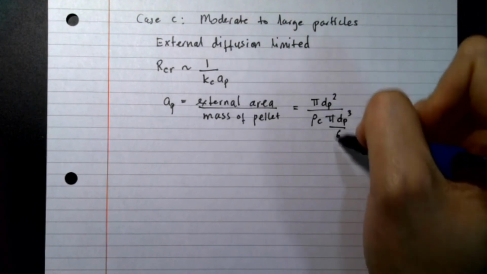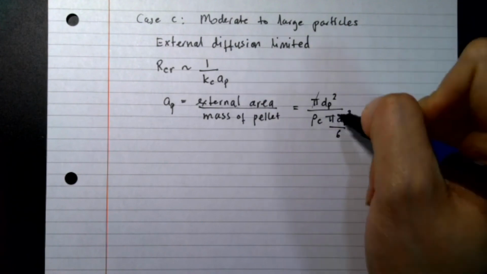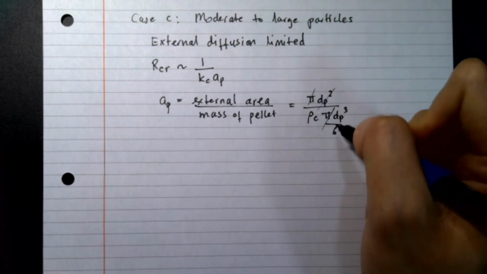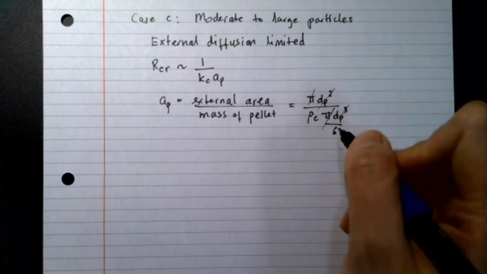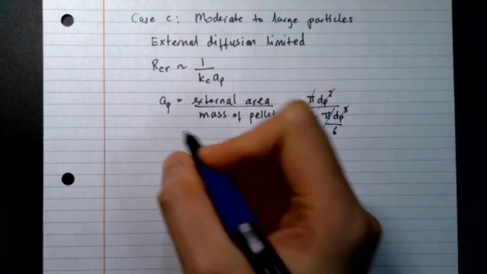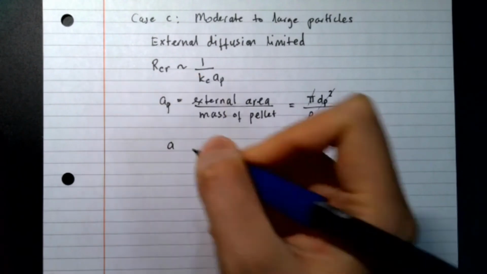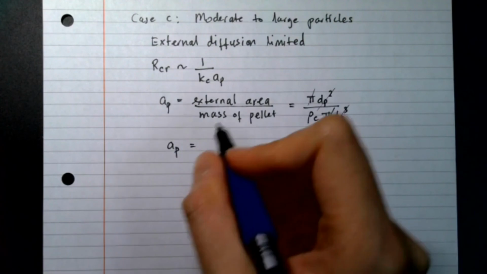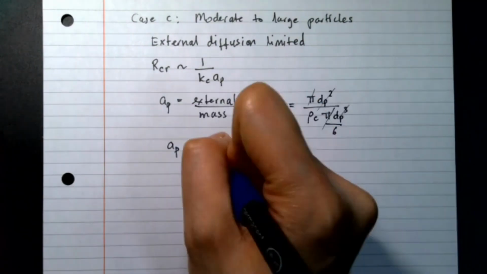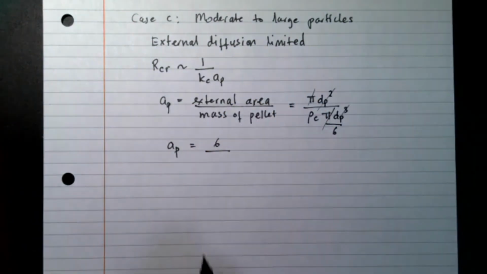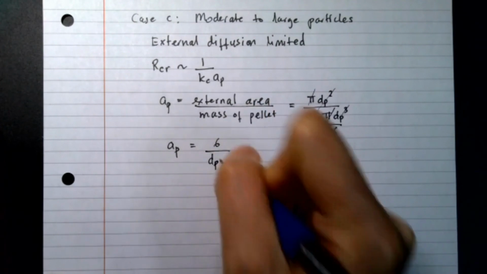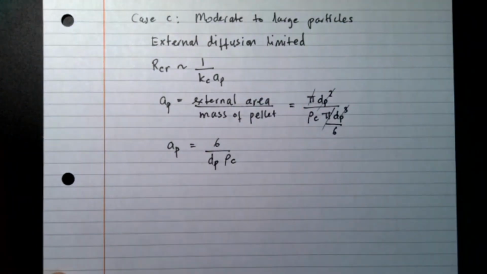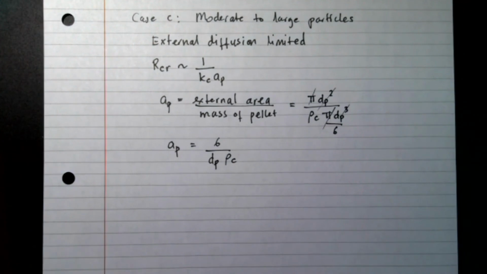Okay, so simplifying this, pi will cancel out. dp squared will cancel out with dp squared here, so you'll be left with 1 dp here. So the external area per unit mass of catalyst, AP, is equal to 6 divided by dp, the particle diameter, times the density of the catalyst particle.